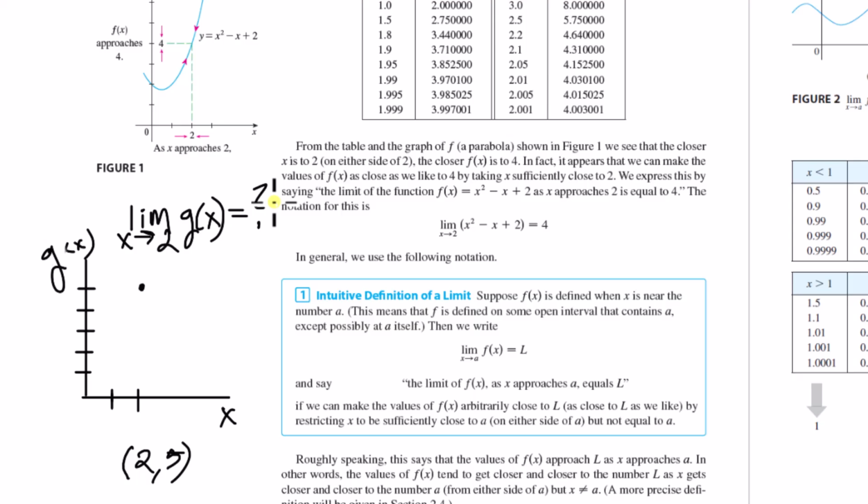Because g of x isn't defined near a or near 2, right? There's no way in this case for us to go through a hypothetical calculation process like this, because no matter how close x is to 2 from above or below, the function doesn't exist.